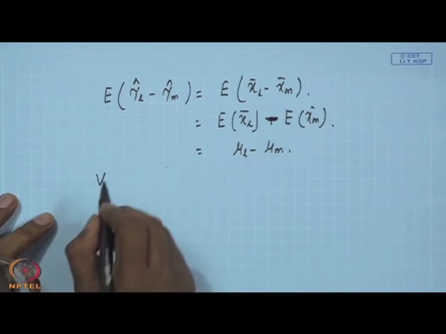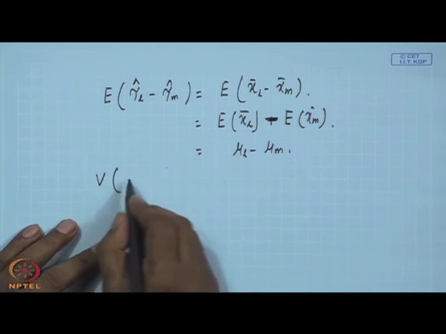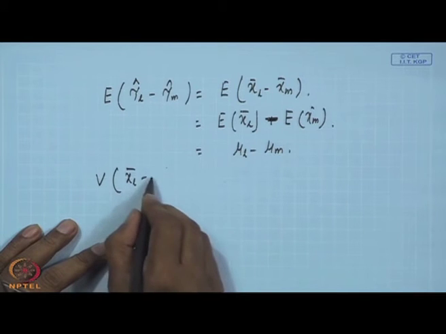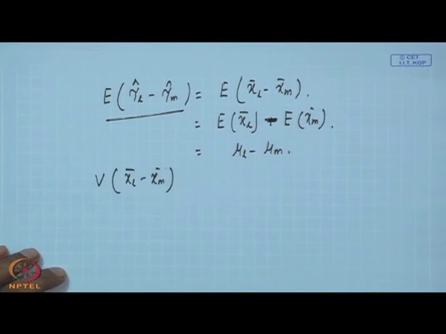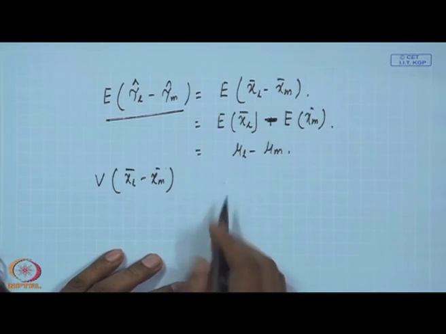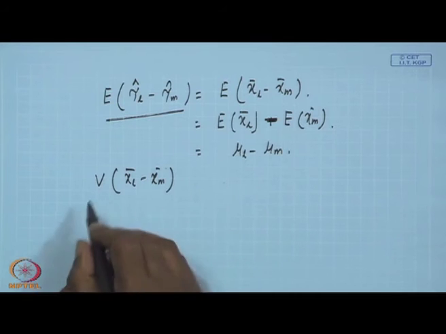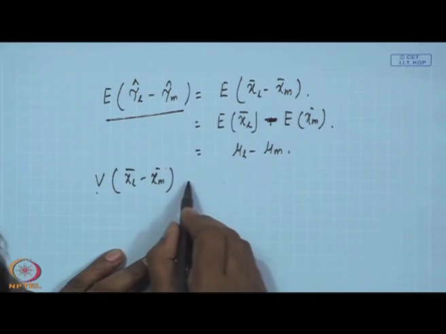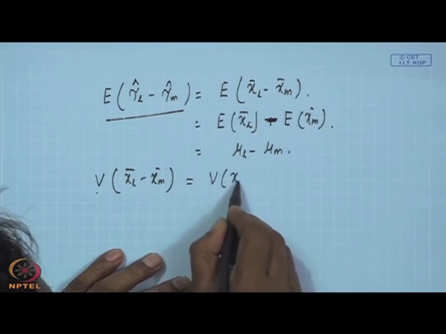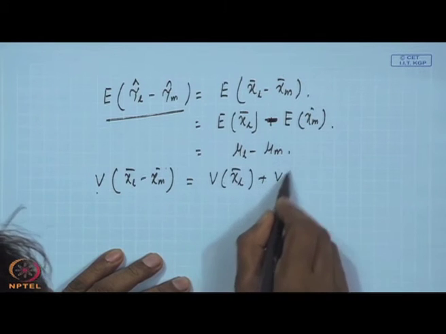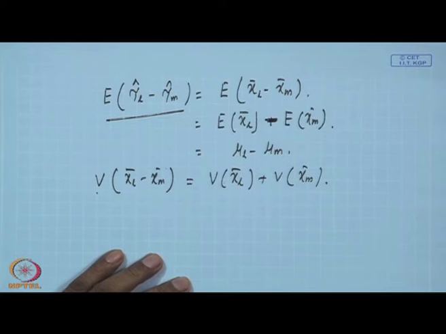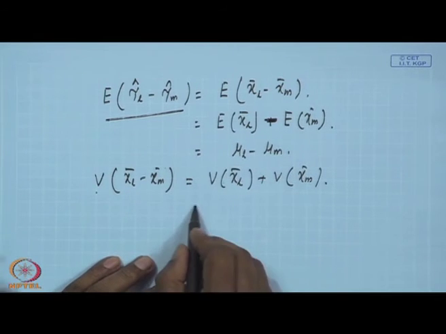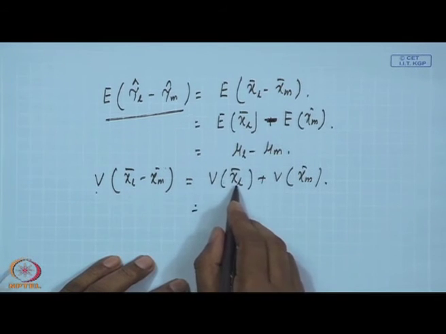Similarly, you require to compute the variance component of XL bar minus XM bar, which will be variance of tau L cap minus tau M cap. Now, variance of this equal to variance of XL bar plus variance of XM bar. You have seen earlier this one. So, what is the variance of XL bar?